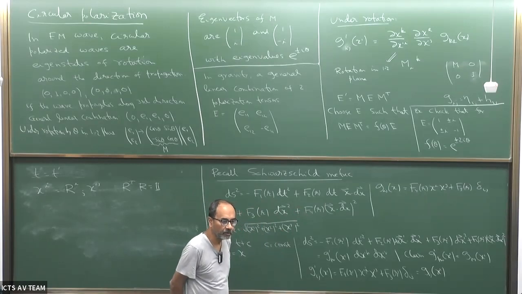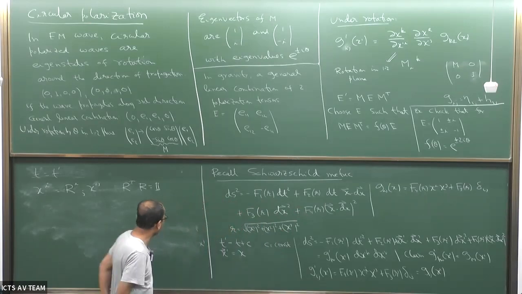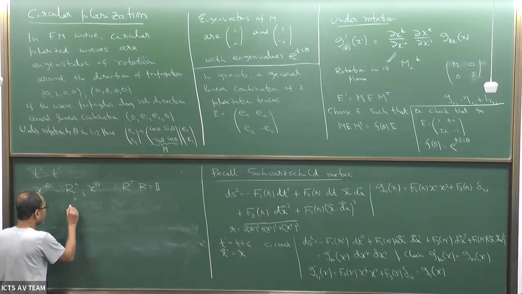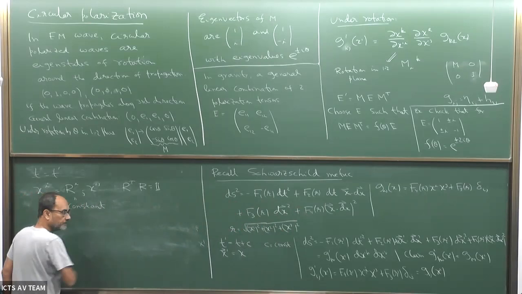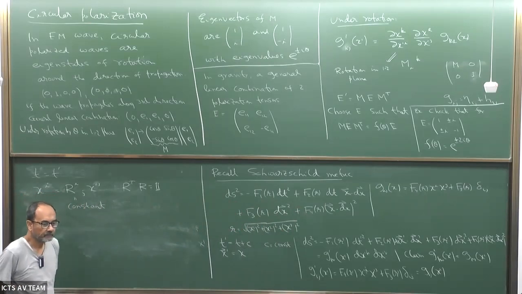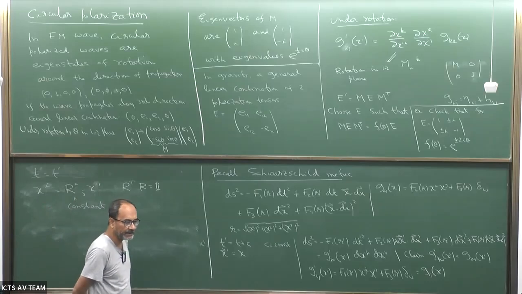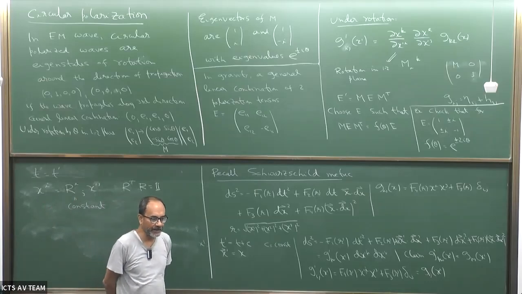No, it's a constant matrix, so this is constant. The same isometry I can write in a different way, where it acts differently at different points.